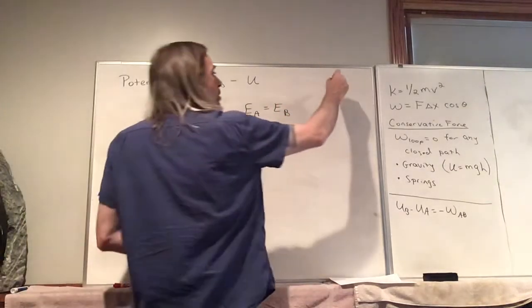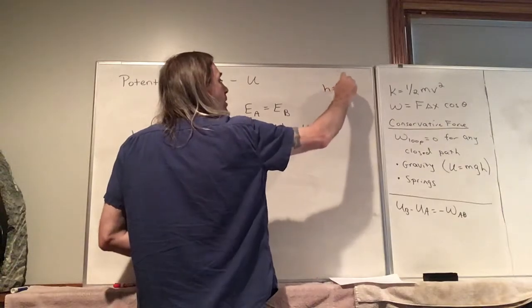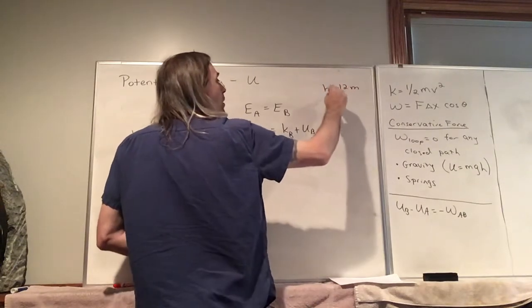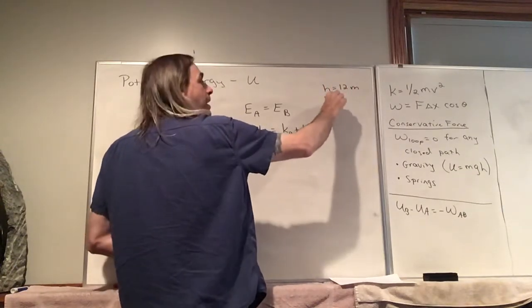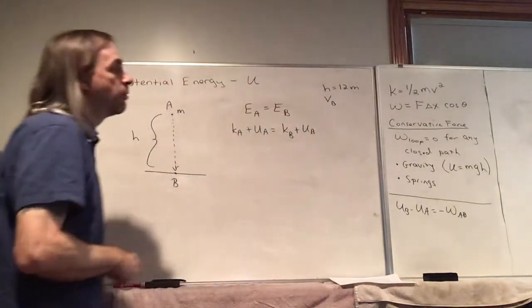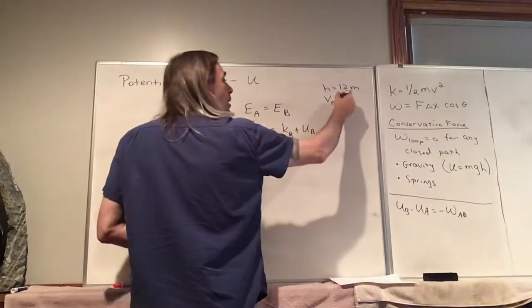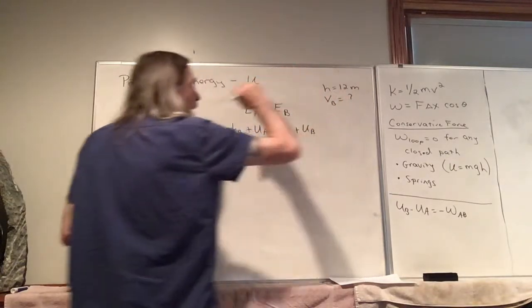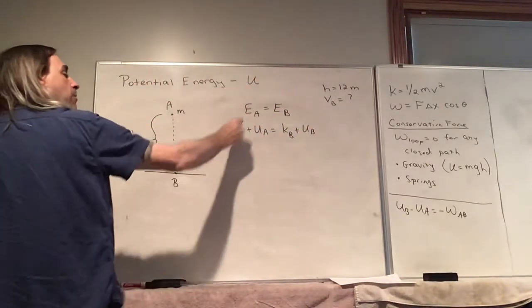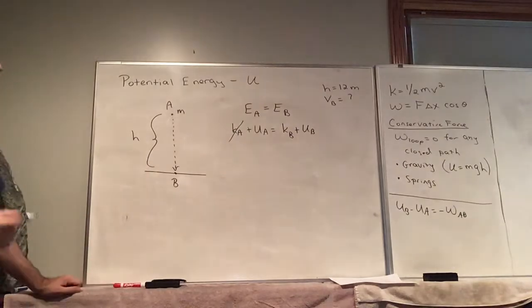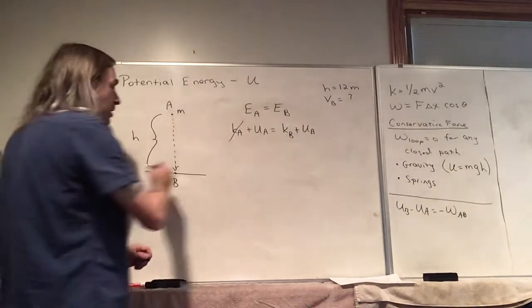Let's give some numbers here. Let's just say the height is 12 meters. And we want to know the velocity at point B. How fast is it going when it hits the ground? So that's what we're trying to figure out. Okay, so because we're releasing it from rest, the kinetic energy at A is 0, and our potential energy at B is 0 because we said it is.